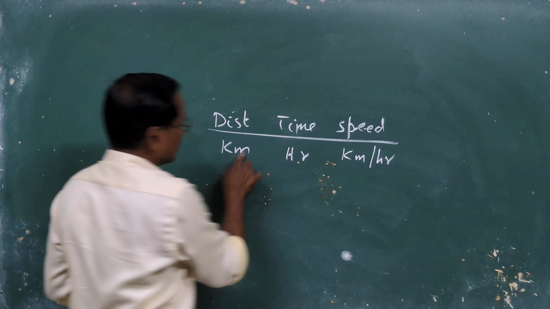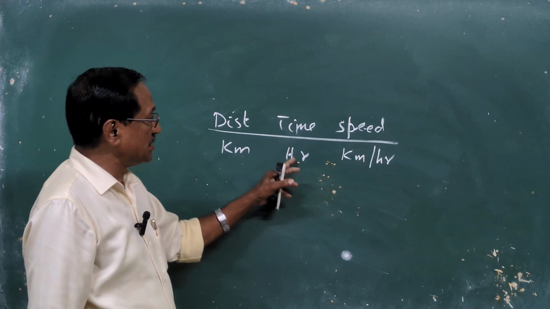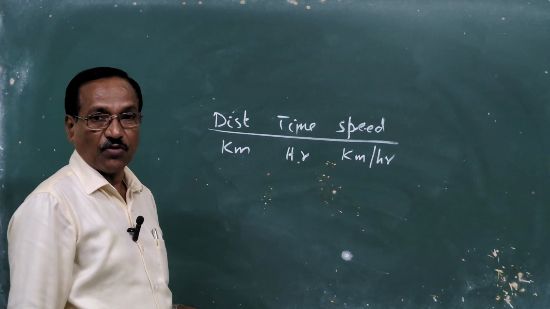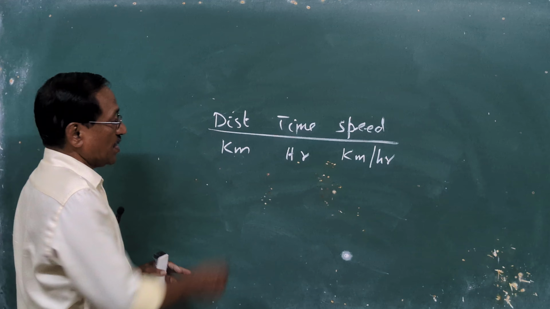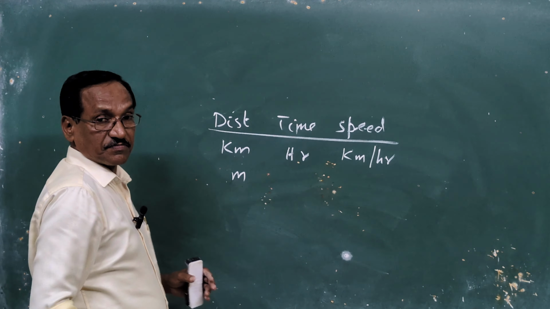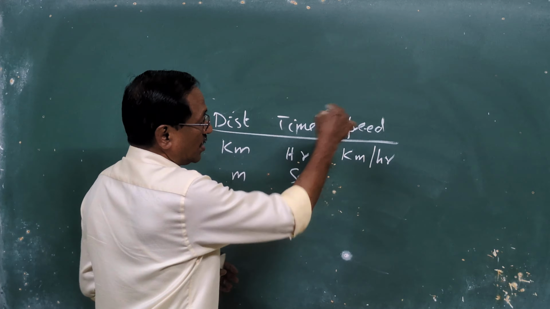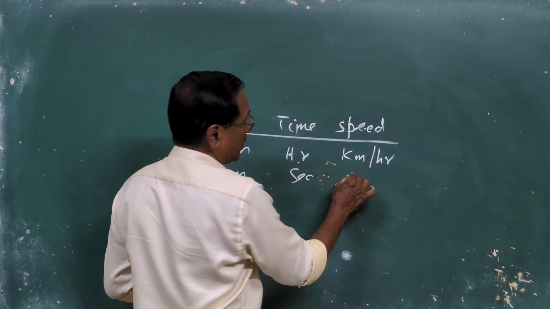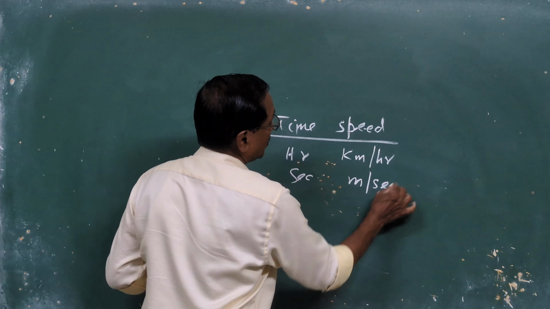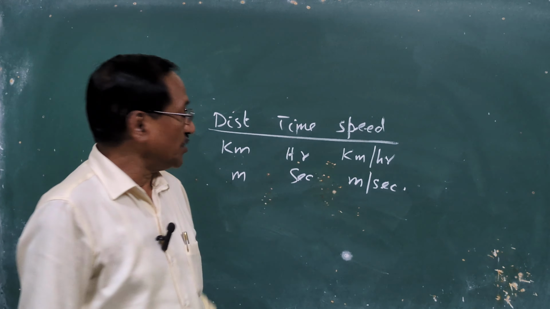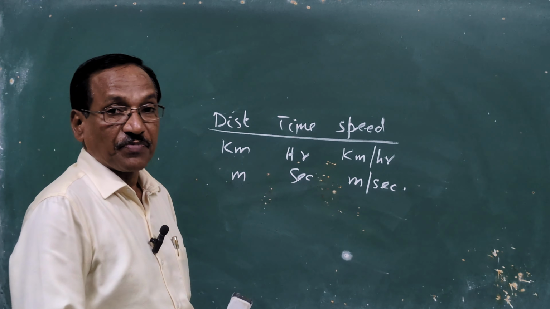When the distance is in kilometer, time is in hour, the unit of the speed must be kilometer per hour. Similarly, when the distance is in meter, time in seconds, unit of the speed will be meter per second.